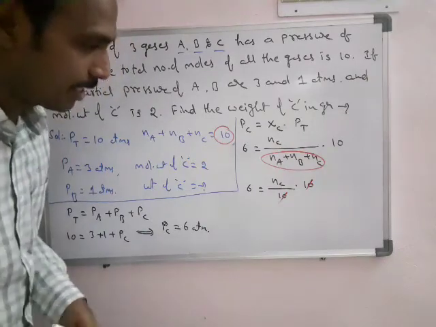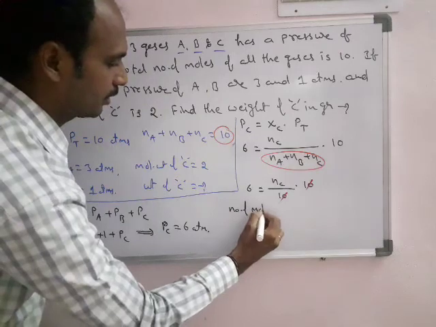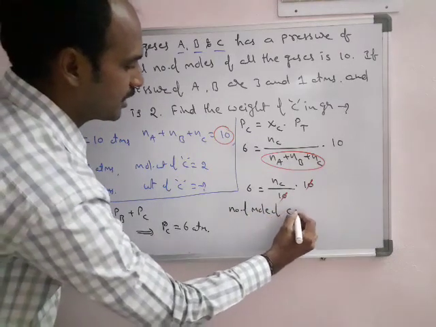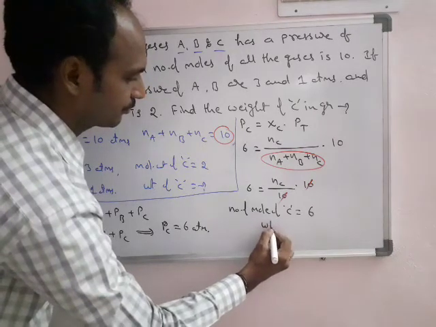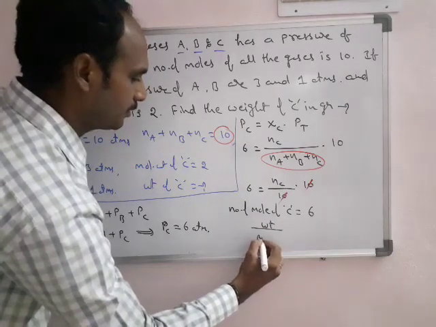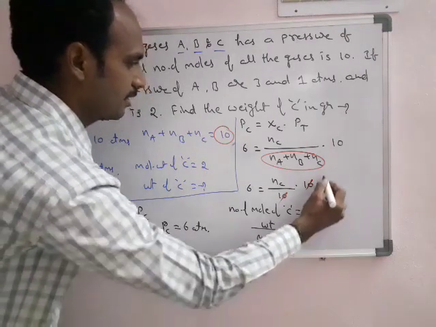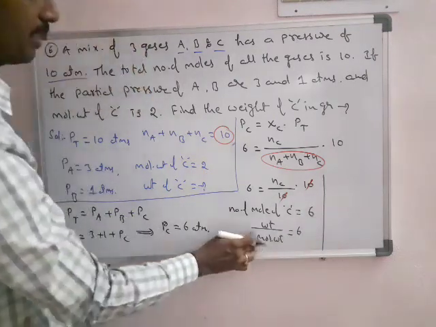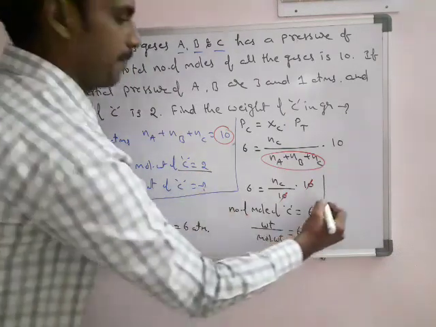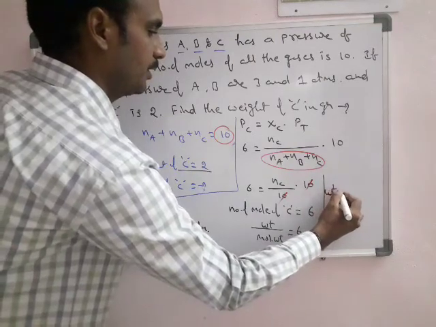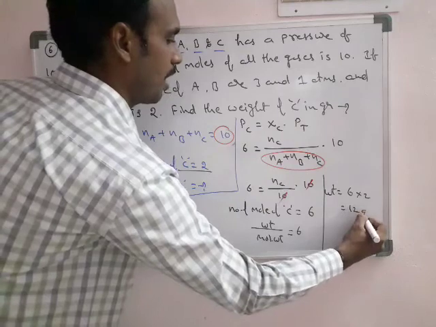So what is the number of moles of C? Number of moles means weight by molecular weight, equals 6. The molecular weight is given as 2. What is the weight? Simple. Therefore, weight equals 6 into 2, that is 12 grams.